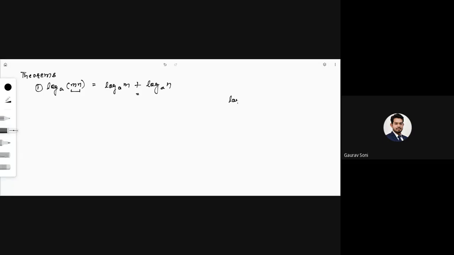Say log to the base a of m into n, I'll call it x. So m into n will be equal to a raised to x.